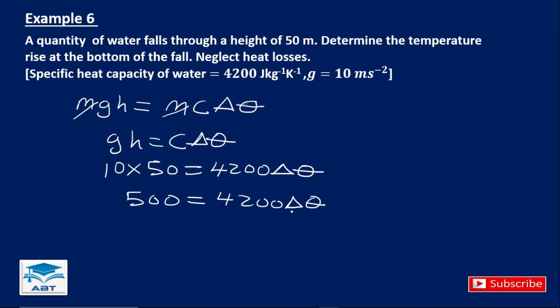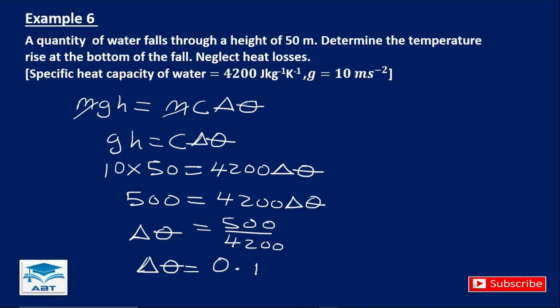And we divide through by 4,200 to get the temperature change. So the temperature change is equal to 0.119 degrees Celsius.